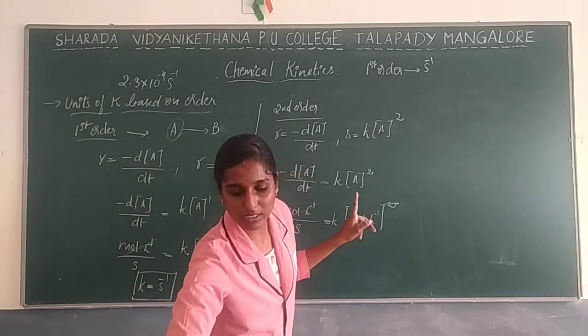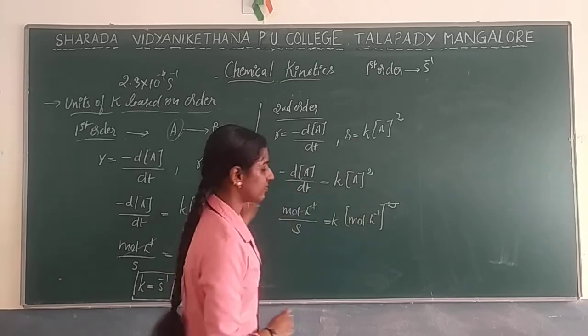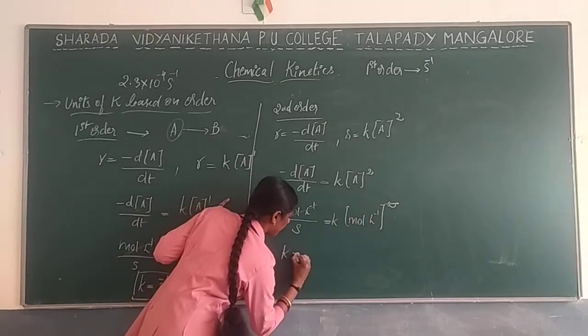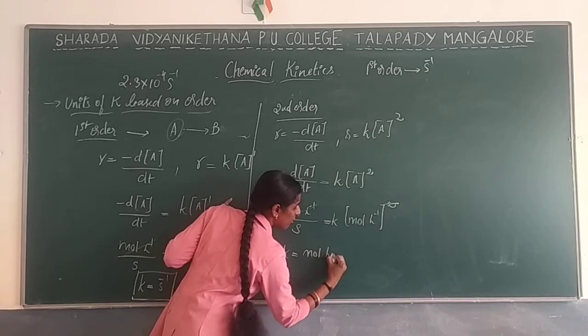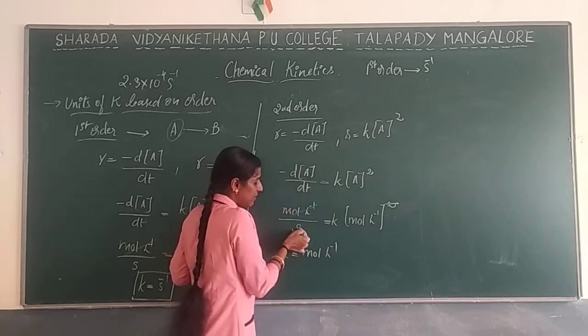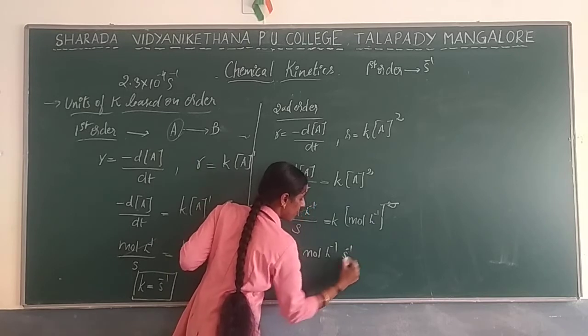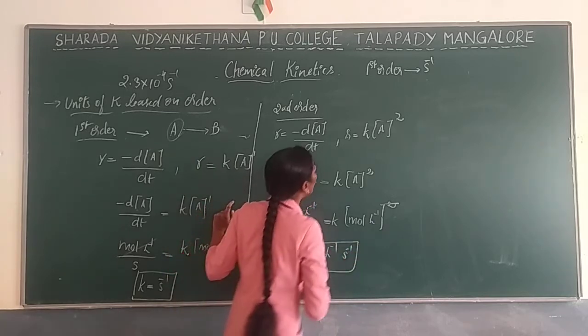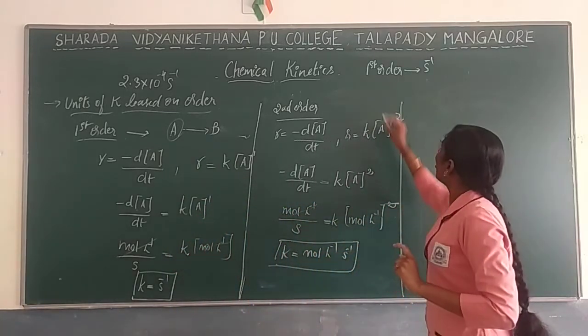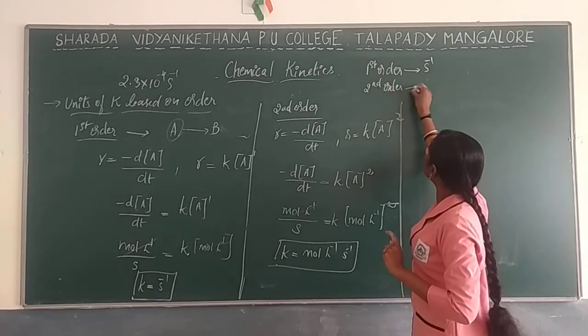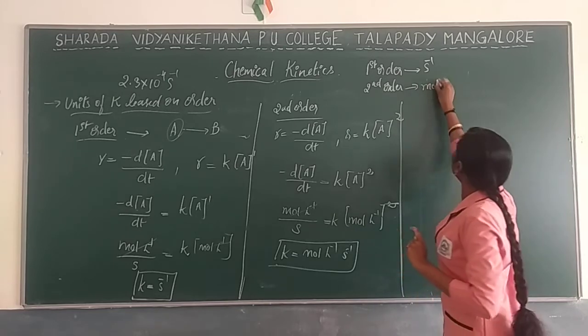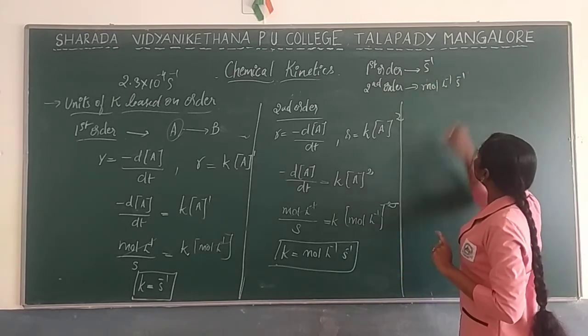Now when you are writing for K, whatever mole per liter is remaining, as well as second will go up as per second. So this will be written for second order. For second order, when you are writing the unit, it comes as mole per liter per second.